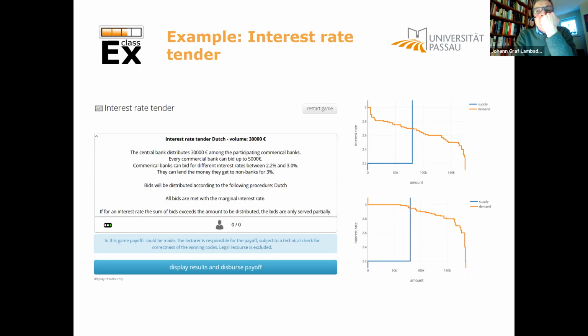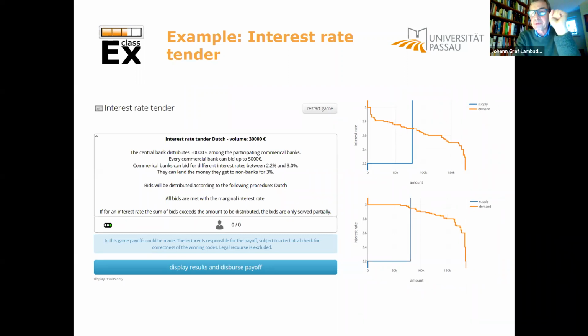And the nice thing is this is precisely what you can do here in this example on the interest rate tender, because we have set up different styles of how your students would engage.